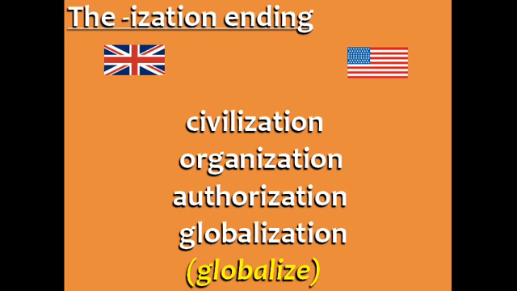The verb form of all these words ends in eyes. In both British and American English, it's pronounced globalize. But British English continues this same pronunciation in the noun form. Globalization. And American English changes the sound of the letter I. Globalization.